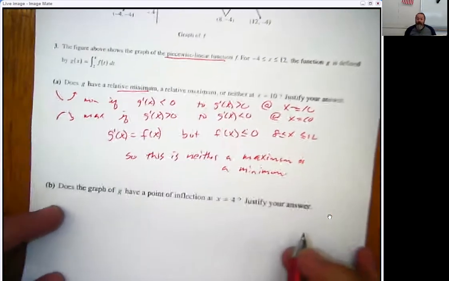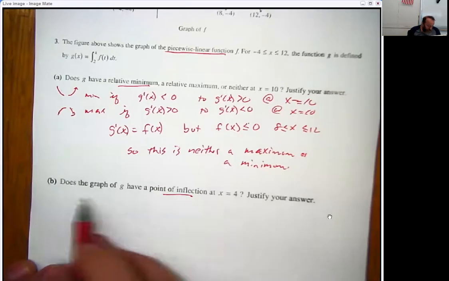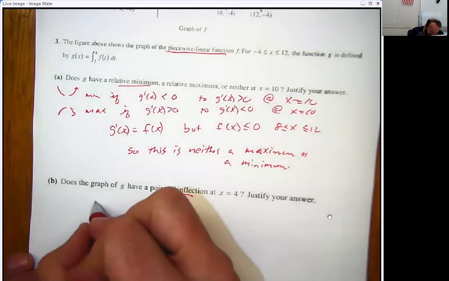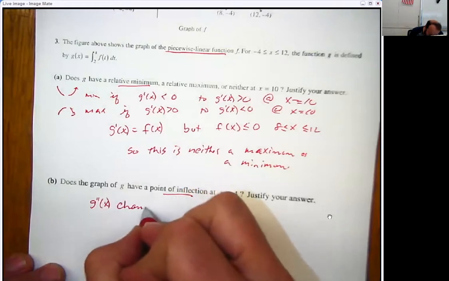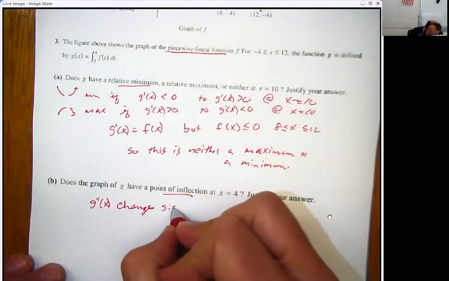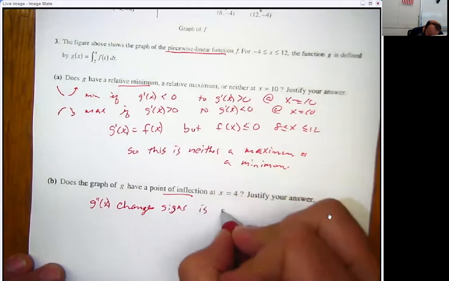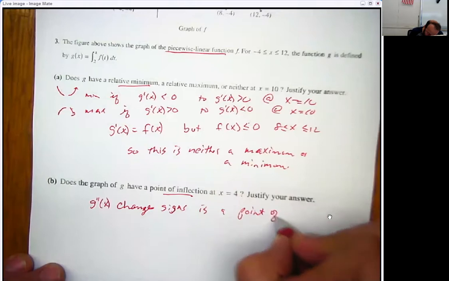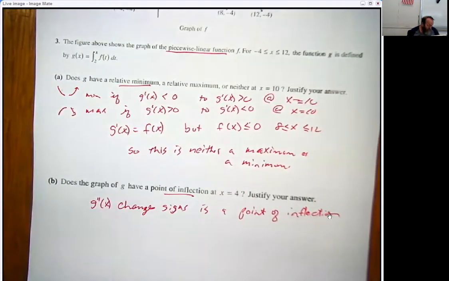Okay, now they're going to ask about a point of inflection. We haven't seen that in that previous problem. The definition of a point of inflection is that g double prime of x changes signs. It's important that I demonstrate that I know what that word means.